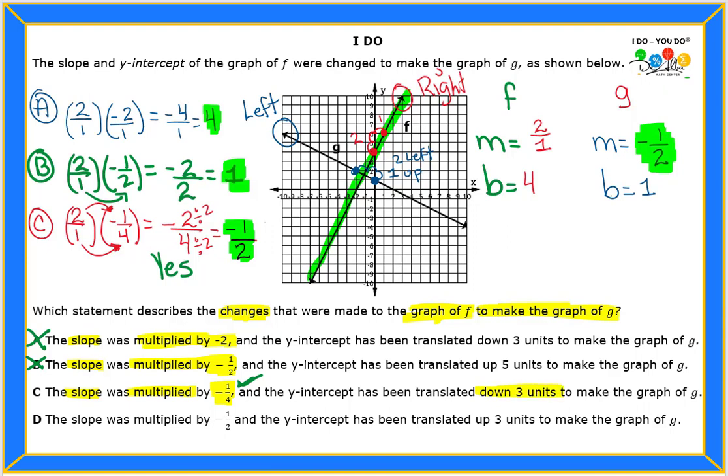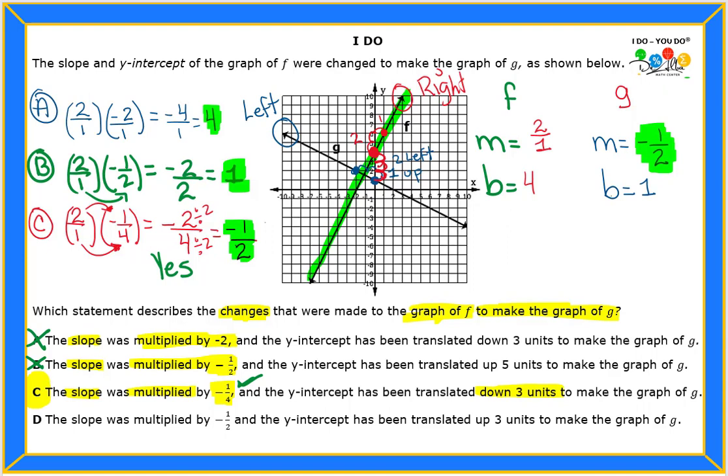So that's an easy one for us to find because all I gotta do is go back to my graph and count the units that it goes from the green one, which is my original. So let's count. So this is 1, this is 2, and yeah, it actually went 3 down, right? So that means that my answer, or my correct answer, it is answer choice C.